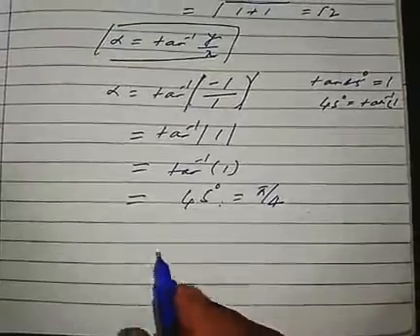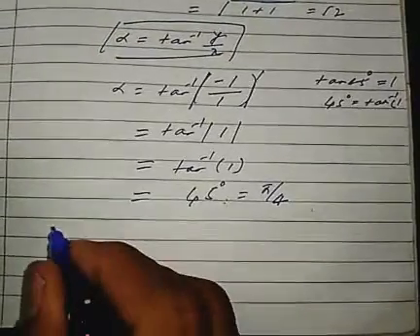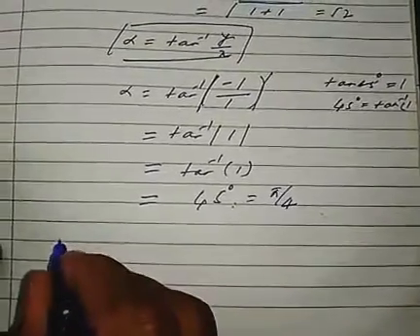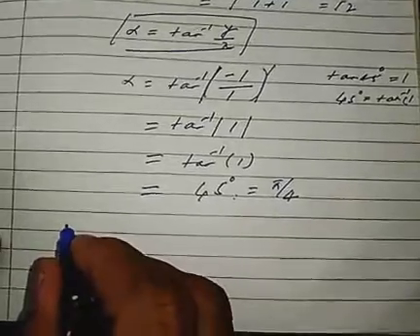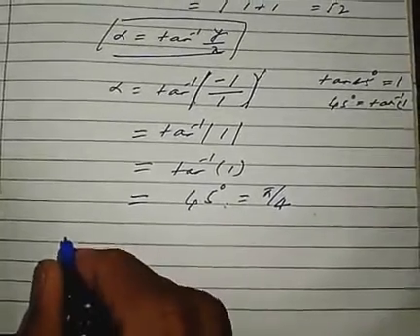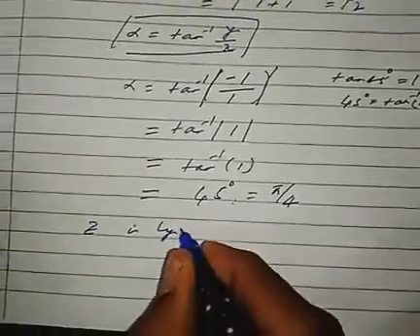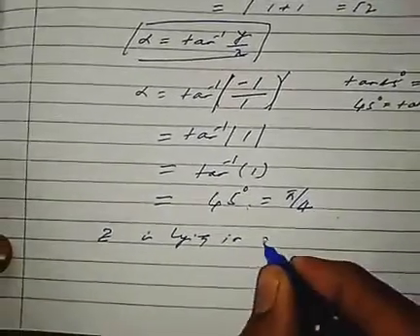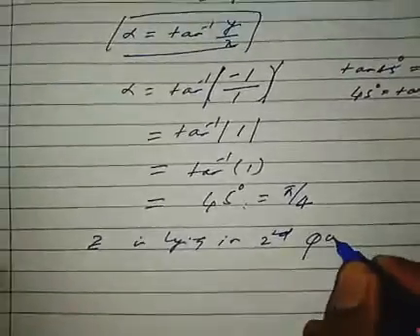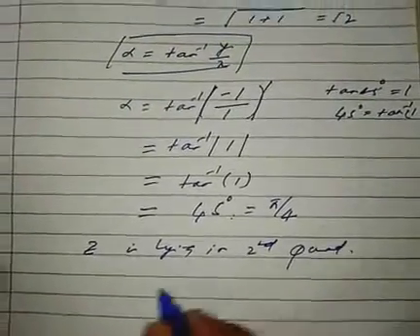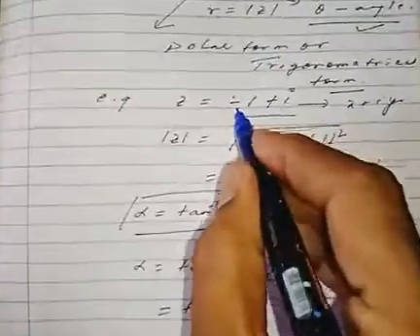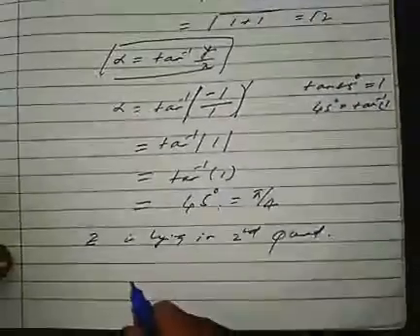Now we have already gone through the value of theta, that is the argument, quadrant to quadrant. Here z is lying in the second quadrant. Why the second quadrant? Because x is negative and y is positive, so it is lying in the second quadrant.